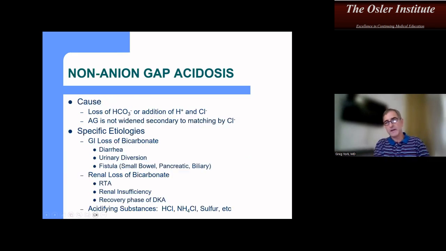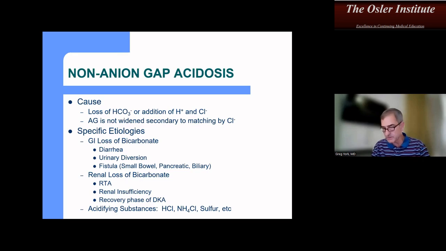Okay, what about a non-anion gap acidosis? Well, if we calculate the anion gap and it's between 3 and 11, say 6 or 7, well, non-anion gap acidoses have different types of etiologies, okay? What you have to understand is that the way you get a non-anion gap acidosis purely deals with what is happening to bicarb, because the body is going to make our pH normal.